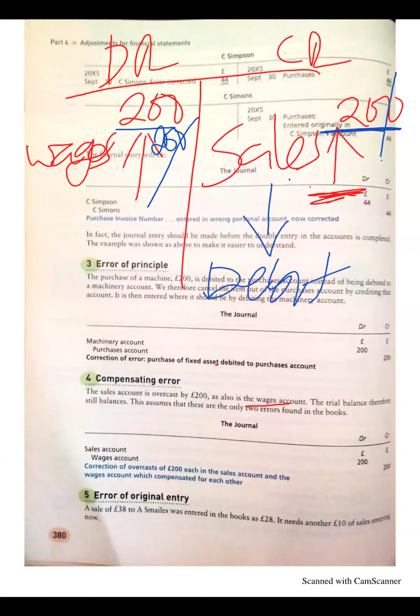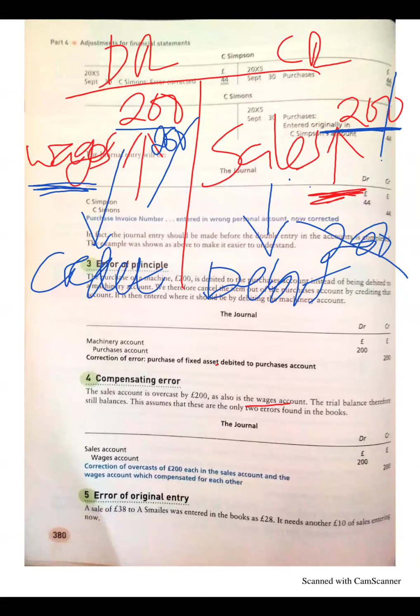You have to deduct. So for you to deduct the entries on the debit side, you do the opposite entry. What you do to reduce the amount is credit the wages account. When you credit the wages account, the 200 on the wages will cancel with the 200 on the debit side.